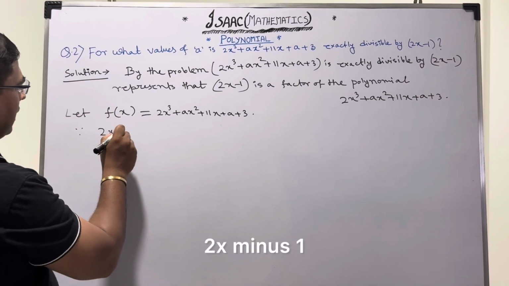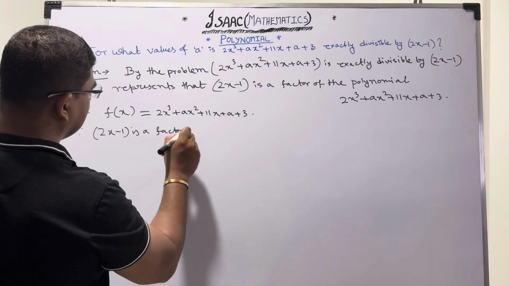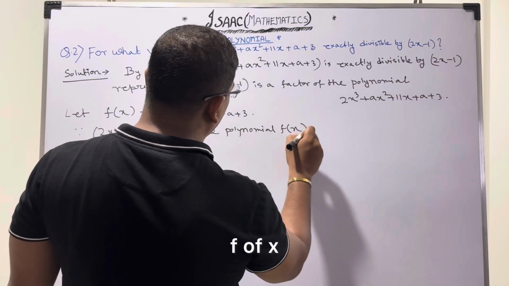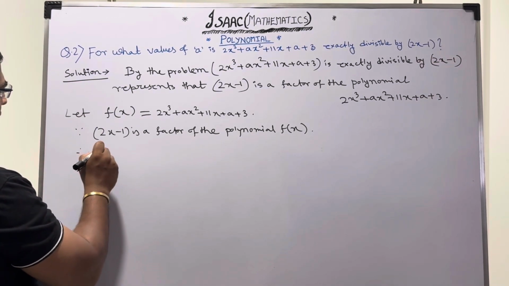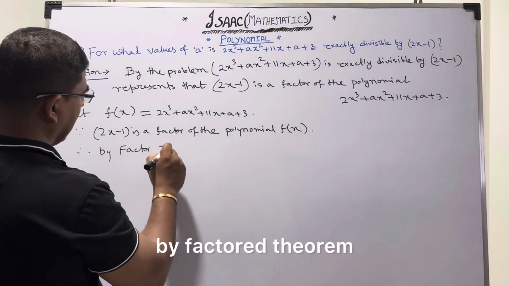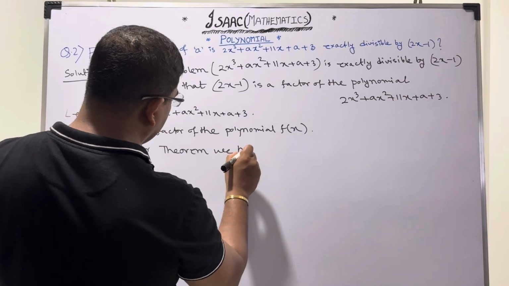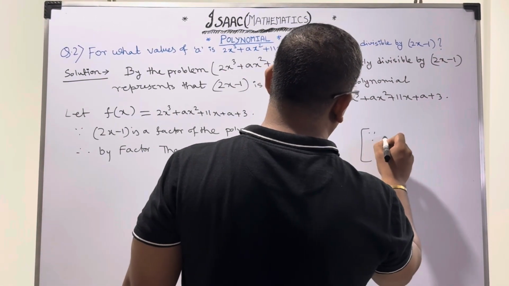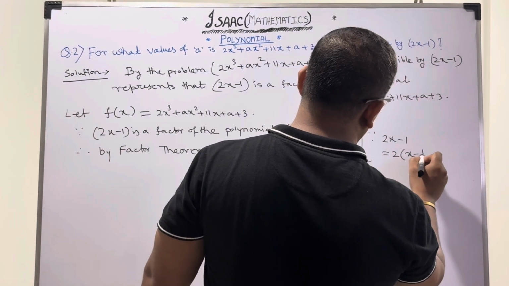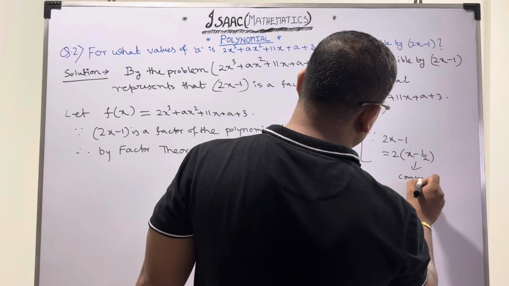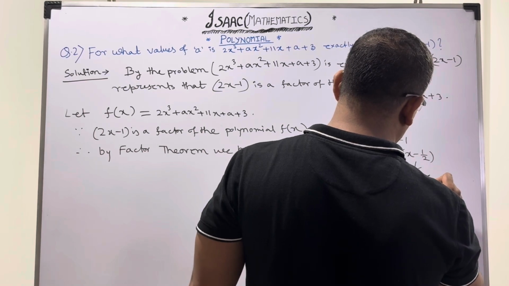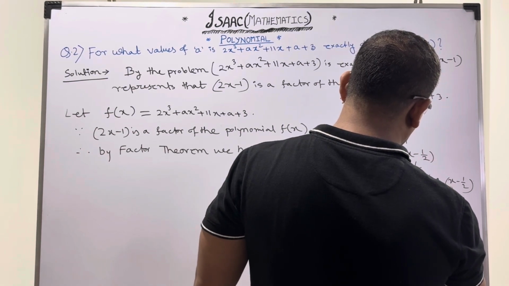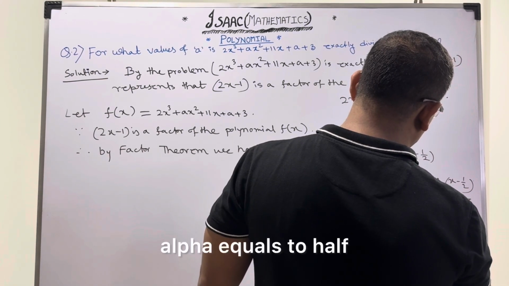Since 2x minus 1 is a factor of the polynomial f of x, therefore by the factor theorem we have f of half equals 0, since 2x minus 1 is equal to 2 into x minus half, and comparing x minus half with x minus alpha, we have alpha equals half.